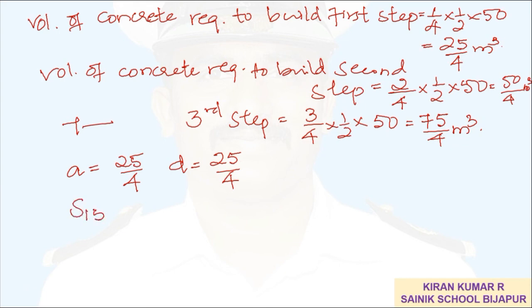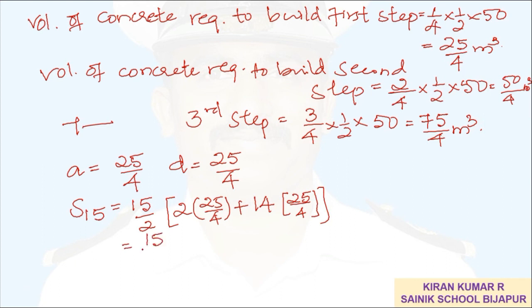Sum of 15 steps will be the total volume. So S15 will be 15/2 times of 2A, 2 times of 25/4, plus n minus 1 is 14 times of D value, which is also 25/4.